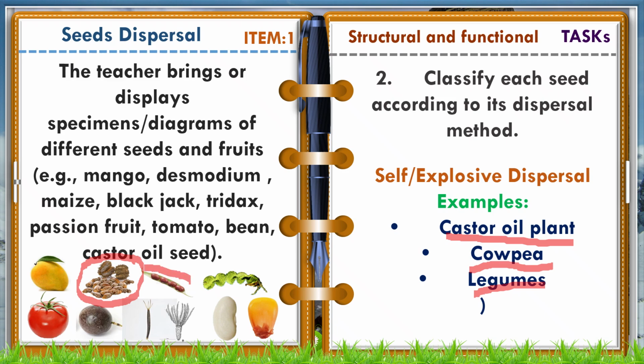And also the legumes, they are going to be dispersed by explosive dispersal. Why? Because they have got lines of weakness, and when they dry, they split open through the lines of weakness, and they disperse the seeds far away from the parent plant.